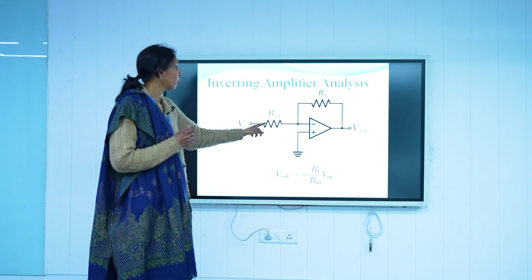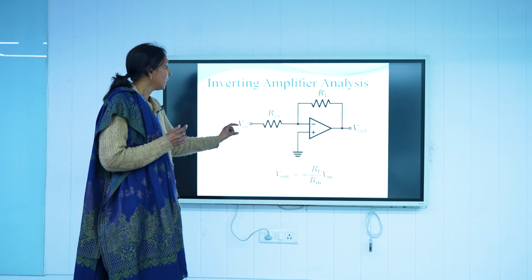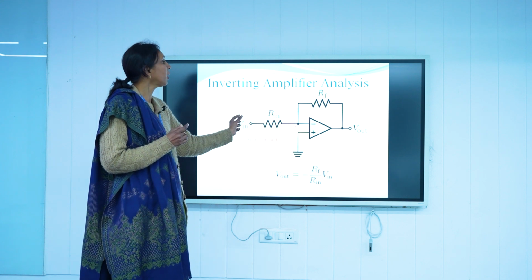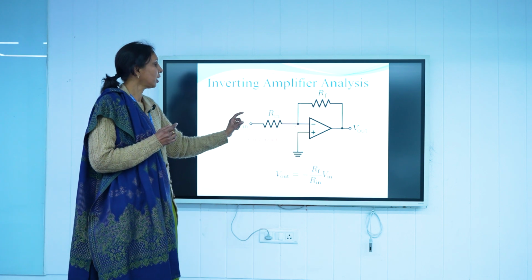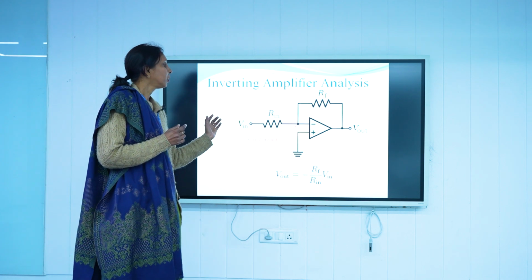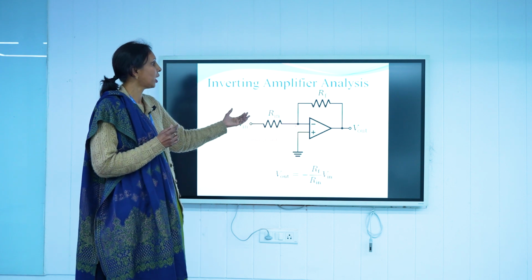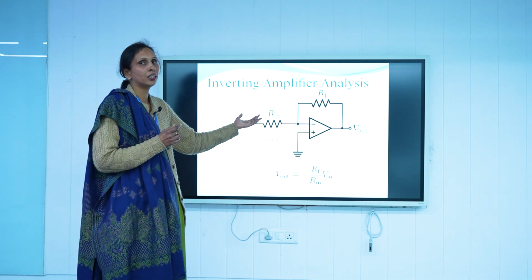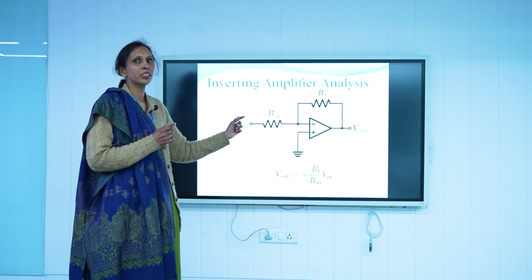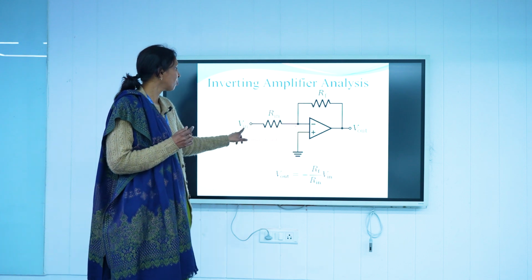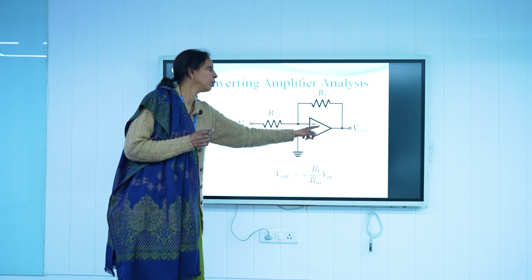If we want to calculate the output for this inverting amplifier, the output will be the inverted value of the input. Suppose we provide a sine wave, then the output will be the inverted sine wave. Or if we provide a DC signal, because op-amp can perform AC applications as well as DC applications, when we provide 2 volt input to the inverting terminal, the output will be minus 2 volt.